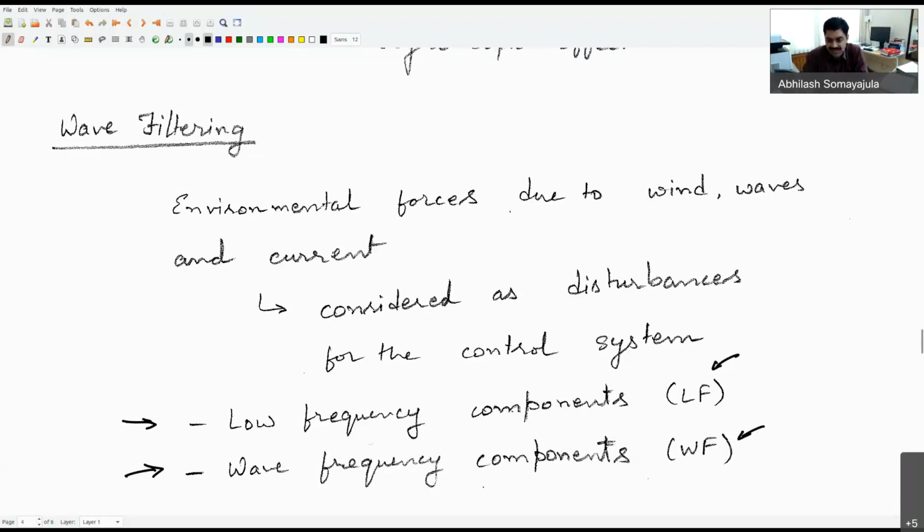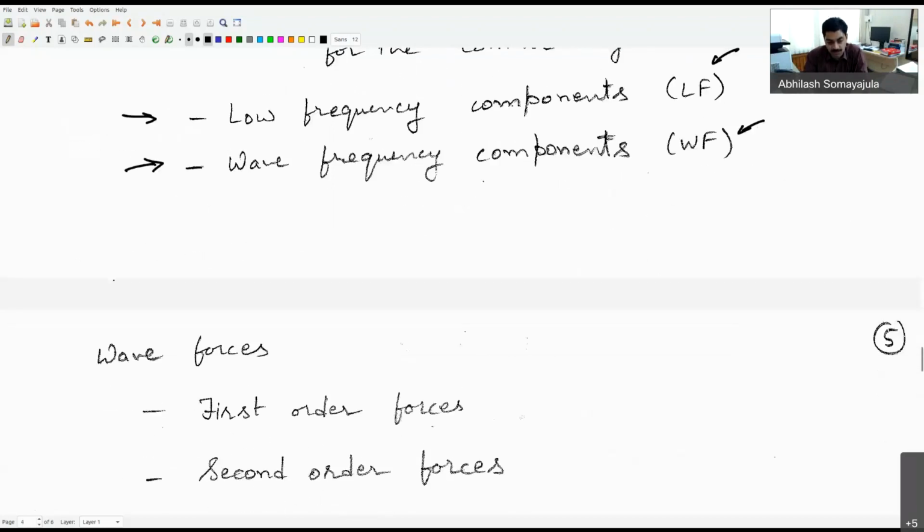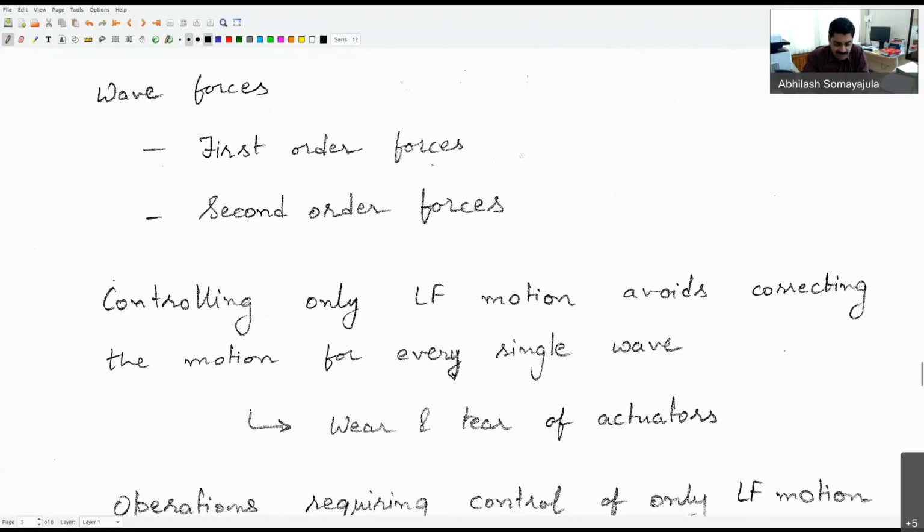So there has to be a way to filter the signal that we measure into its low frequency and wave frequency components. And you'll see that these low frequency components have components due to the current, wind, as well as due to the waves.